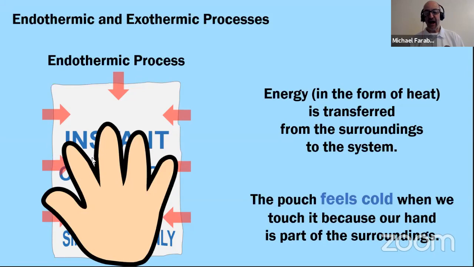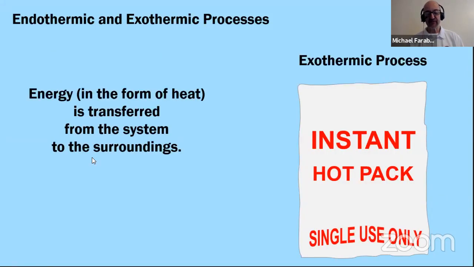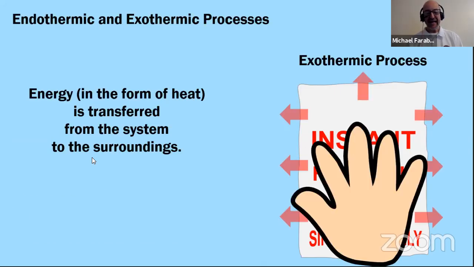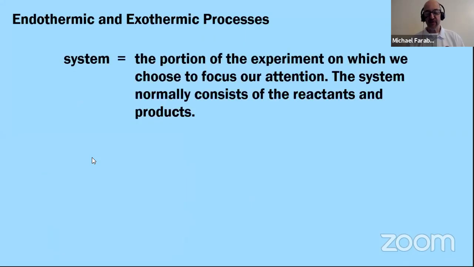So for an instant hot pack, it's an exothermic process. Now energy is transferred from the system to the surroundings. And again, since our hand is part of the surroundings, we touch the hot pack and it feels warm. So let's be clear on the direction of energy flow. For endothermic and exothermic processes, let's also define the system and the surroundings.